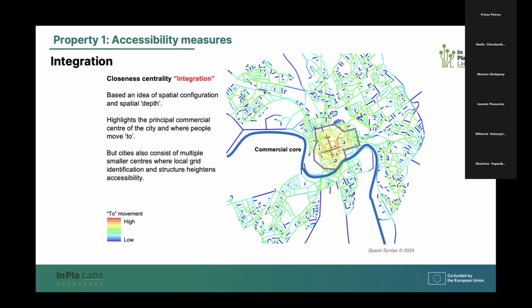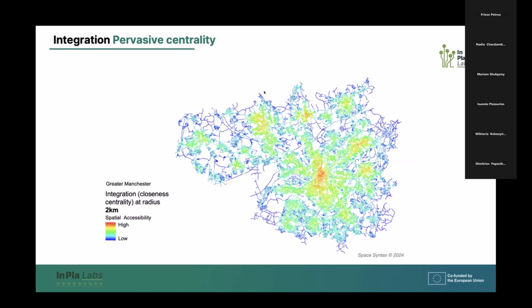But we need to also understand that cities also consist of multiple smaller centers, where local grids and structure highlight accessibility. This is an example of multiple centers. You can run this analysis across different scales, at different radii. For example, you might want to see the total depth of every space or only within a small radius of 2 kilometers from any given point, local or global.